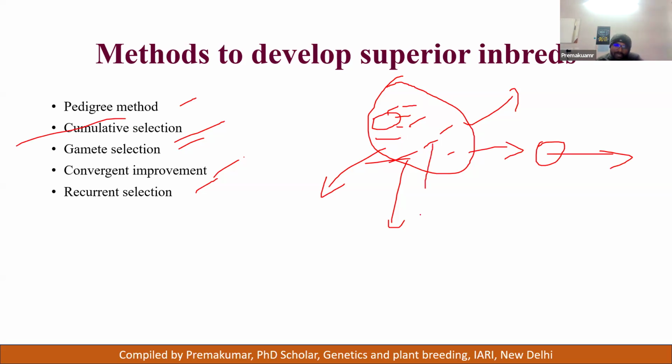Here, in a pedigree, we are going to develop families. We are doing selection within the family and between the families.